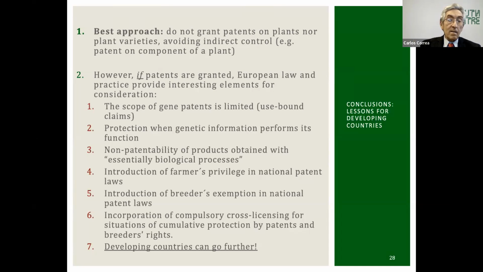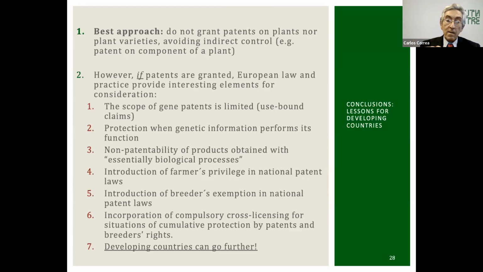In the first place, about the scope of protection of genes, if granted, it will be important to introduce these use-bound claims that I've explained. Secondly, it will be also important to introduce this limitation that protection of genetic material is limited to the time in which this material performs its function.